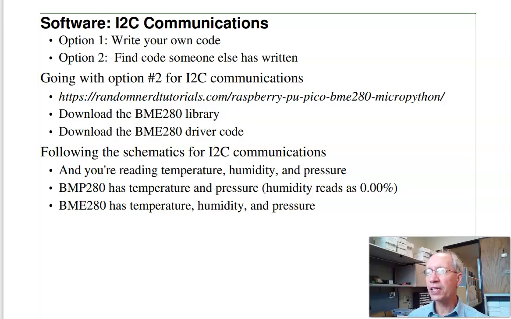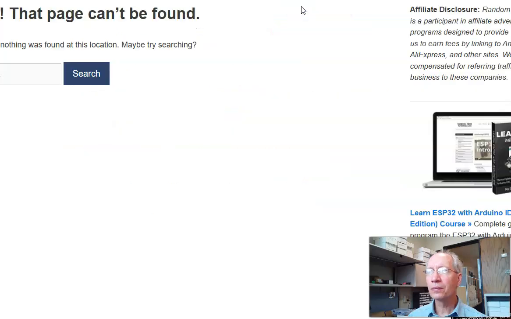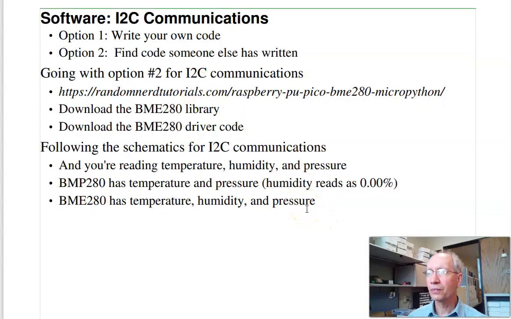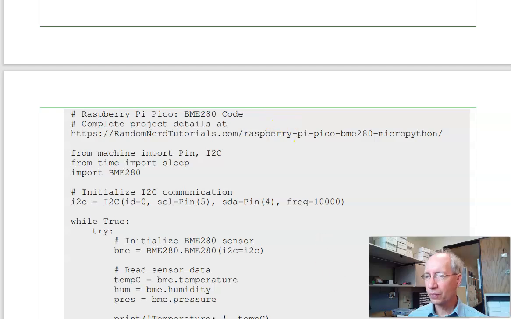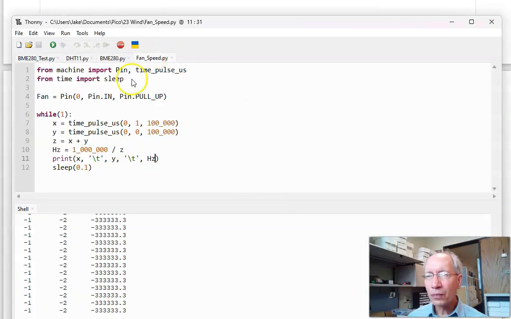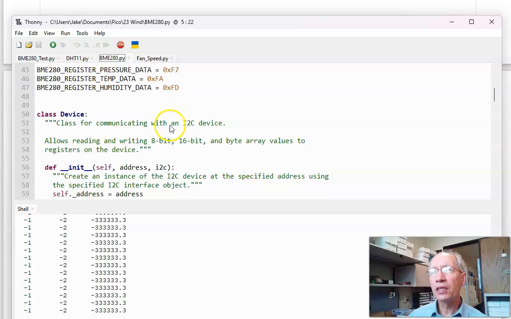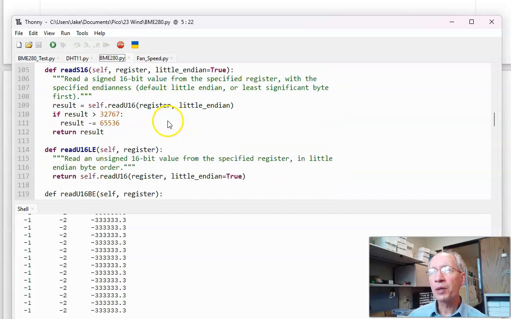So what that kind of looks like, this is the BME280 code. You just copy it from that website.